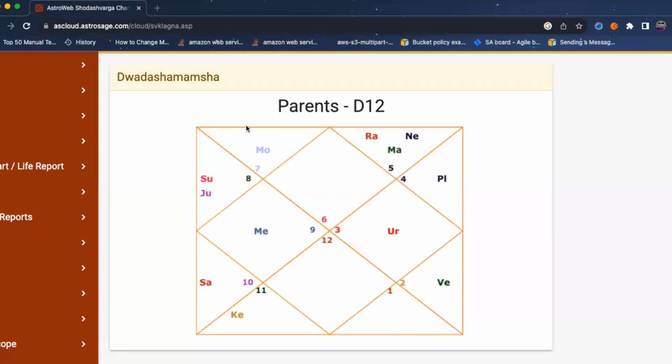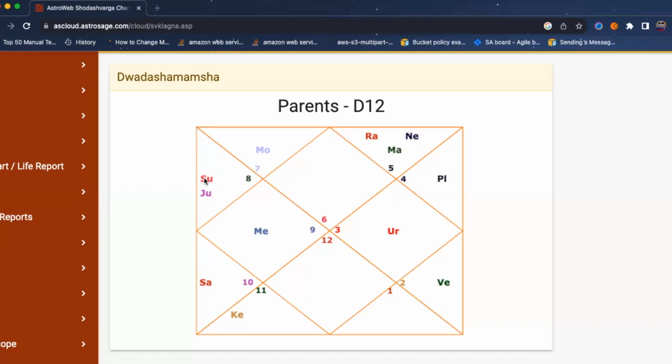I forgot to tell the second house deity, it is Ashwini. The third house also represents communication: how do you communicate with your parents? Whether you communicate in an aggressive manner, an educated manner, or a peaceful manner can be seen from the third house.